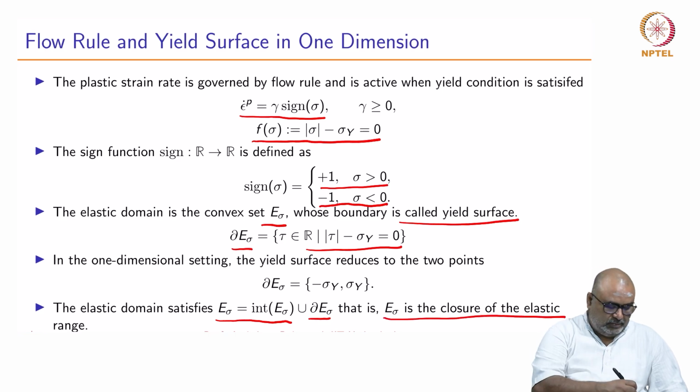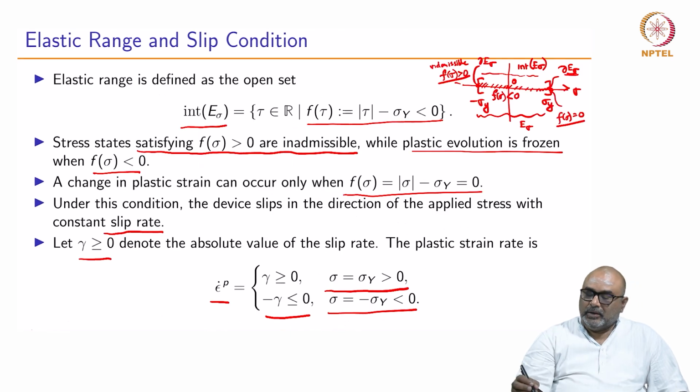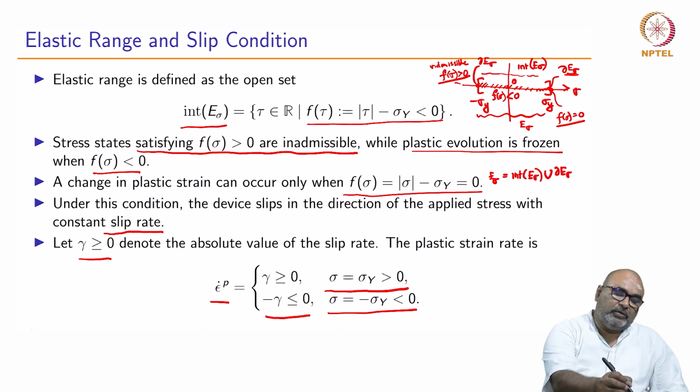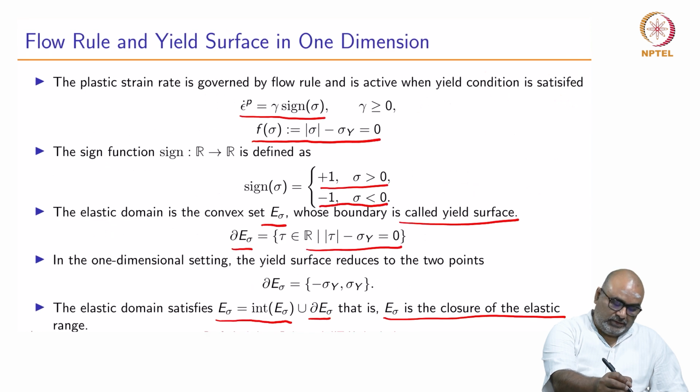So, essentially the interior of E of sigma together with the boundaries is going to define your elastic range. It includes both interior as well as boundaries, and is going to define what is an admissible state of stress.